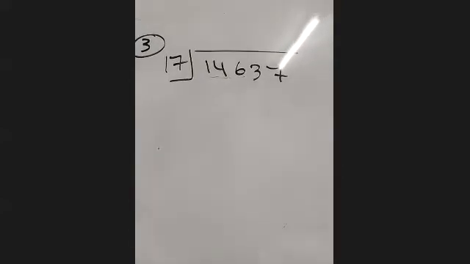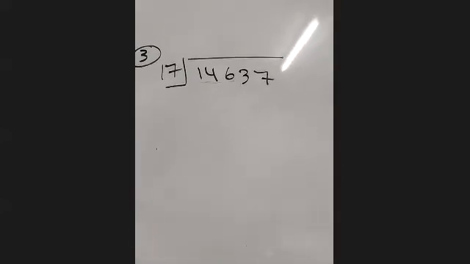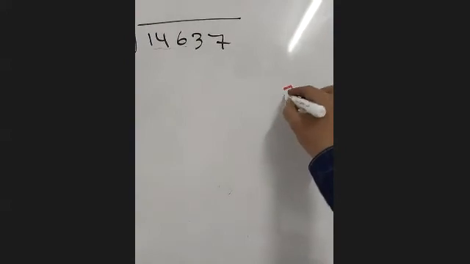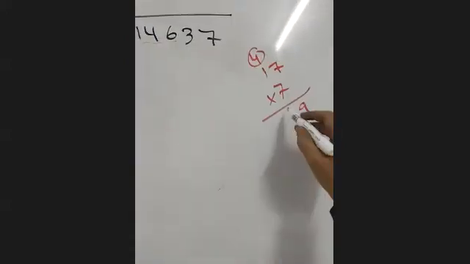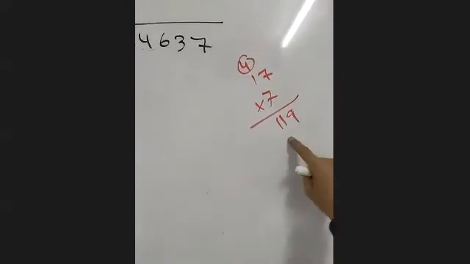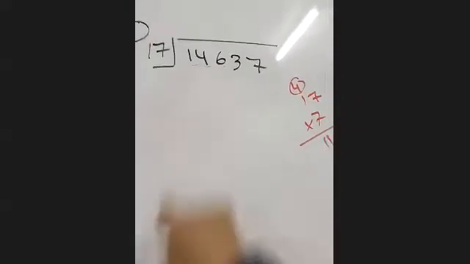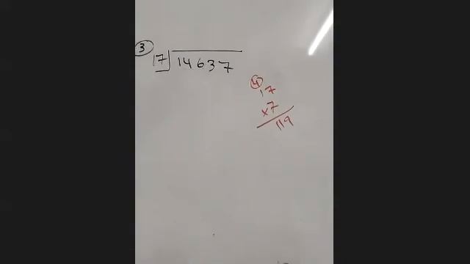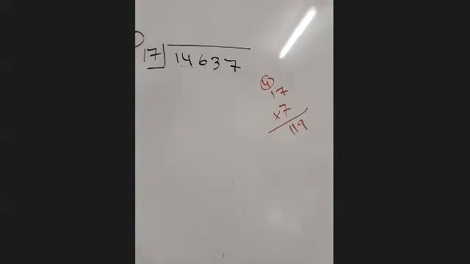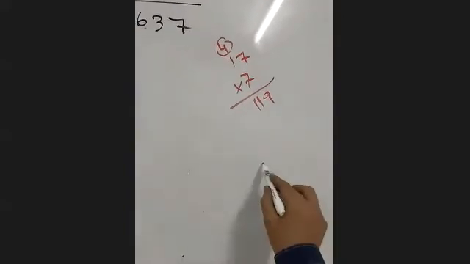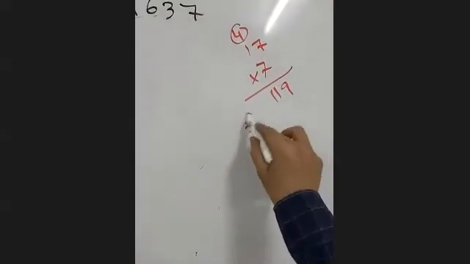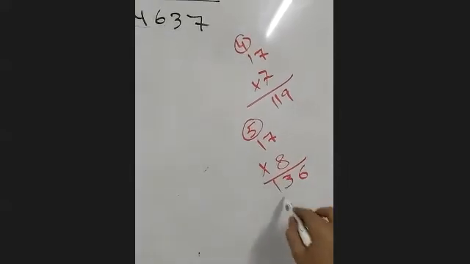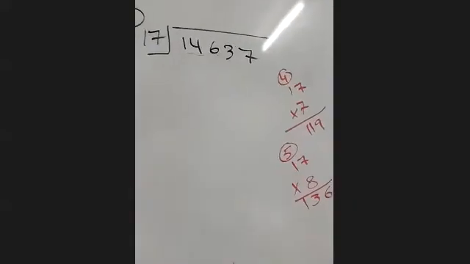Try 7. 7 by 17. 7 by 7, 49. 7 by 1, 7 with 4, 11. 119, 146. Quickly, Omar. Try 8. 8 by 17, 8 by 7, 56. 8 by 1, 8 with 5, 13. 136, 146.